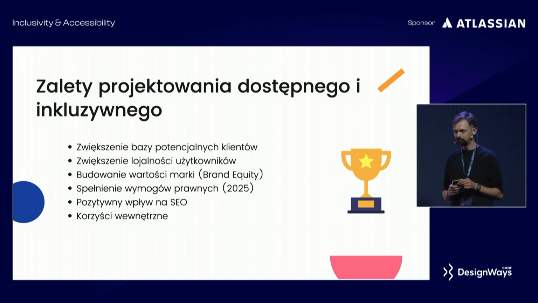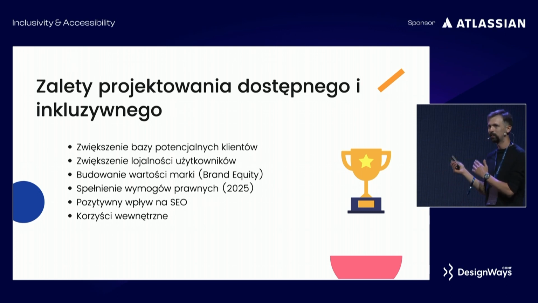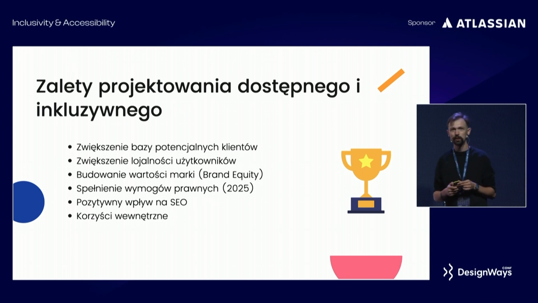Moreover, some internal benefits. Michał Reda was talking about it yesterday. The employees who are engaged produce much more efficiency, and working on accessibility can be this value that increases employees' engagement in the subject. And in my experience, it's surprising how often people around me who I talk to about accessibility say, wow, why haven't I thought about it before?